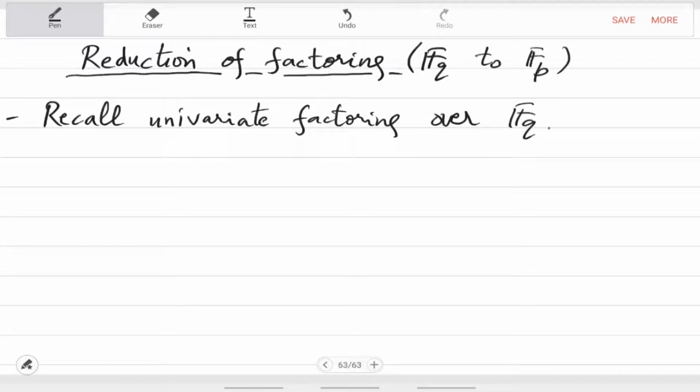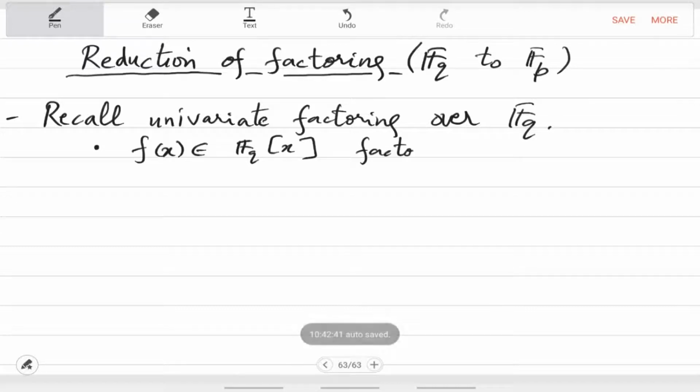Over the finite field FQ. So you are given a polynomial f(x), and this factors into... so recall all these results we had about factorization over FQ, right?